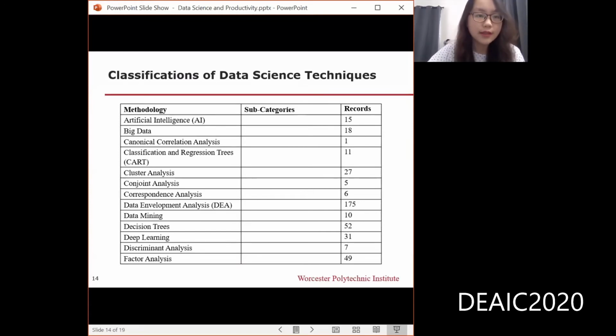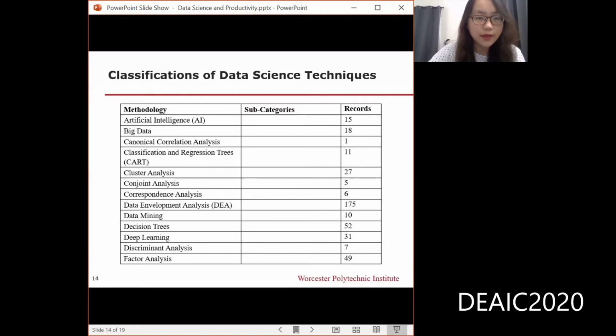Then we classify these articles according to the data science techniques or methodologies that they used. These are all the different categories. For the first one, we have artificial intelligence, and 15 papers actually used this technique.